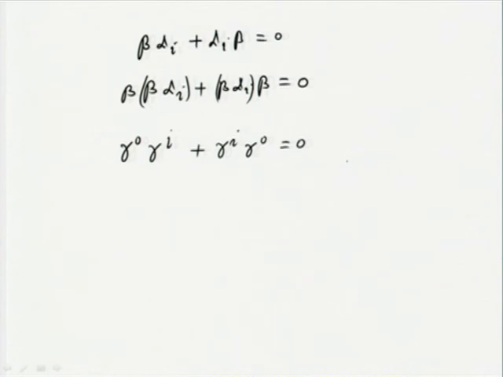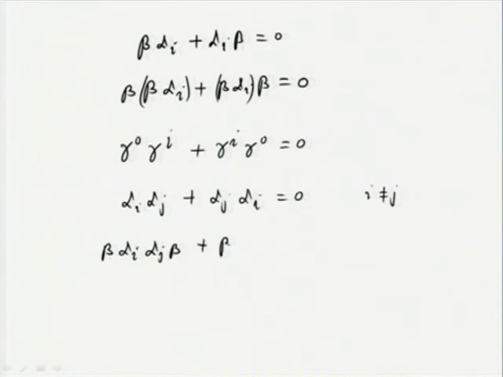So gamma^0 and gamma^i for any i anti-commute. Take alpha_i and alpha_j for i not equal to j, anti-commute. Multiply again by beta from both sides: alpha_j alpha_i beta equal to 0.